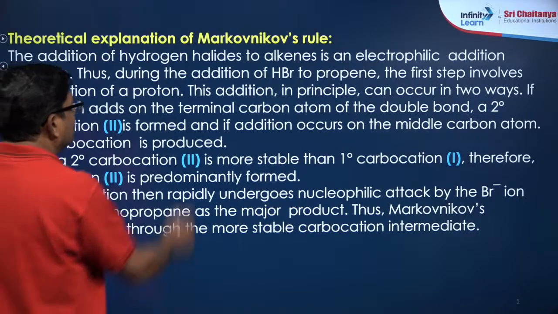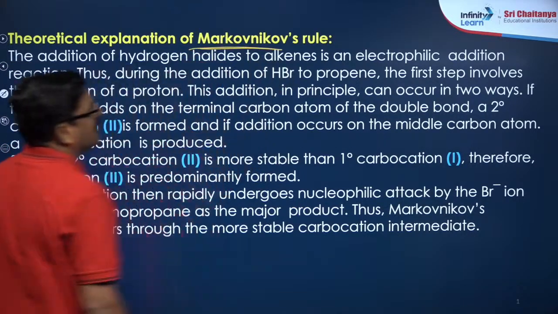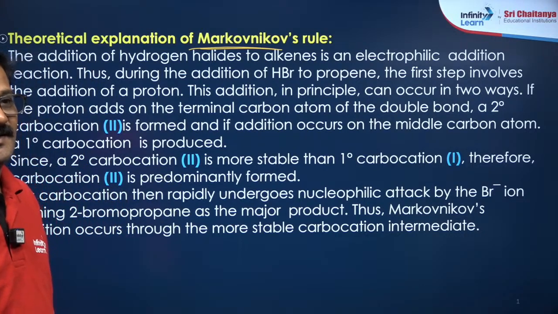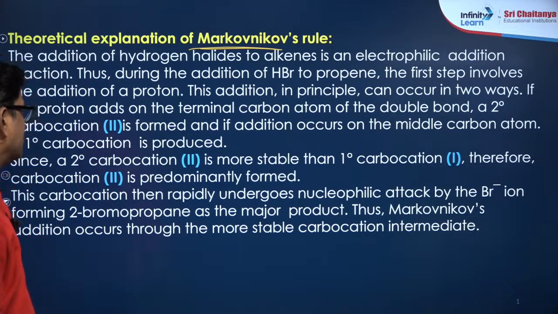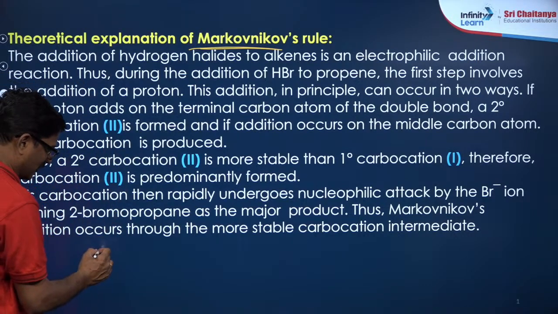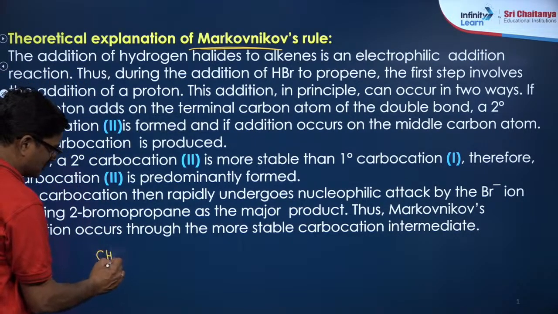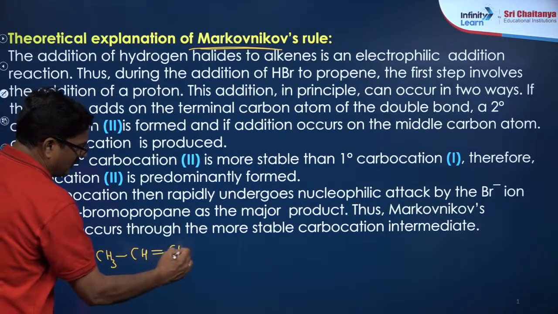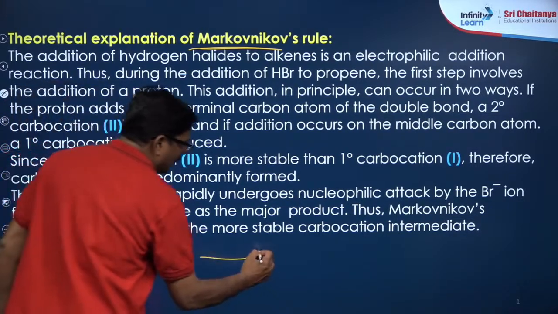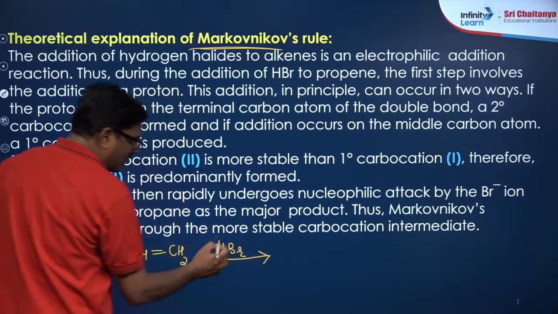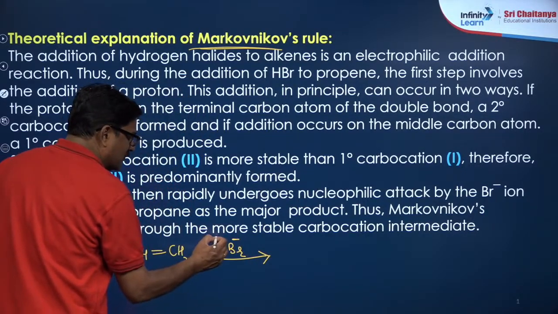It is given by a great personality, the Markovnikov rule. This Markovnikov rule says the negative part of the reagent. Look at this, CH3, CH double bond CH2. When HBr is added, in HBr, Br minus is negative, H plus is positive, right?